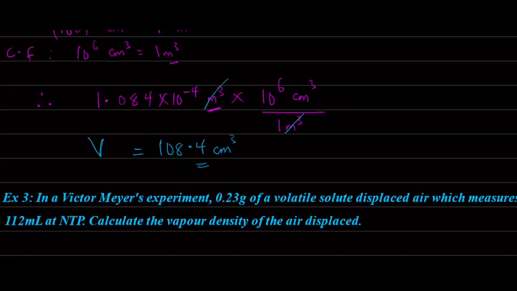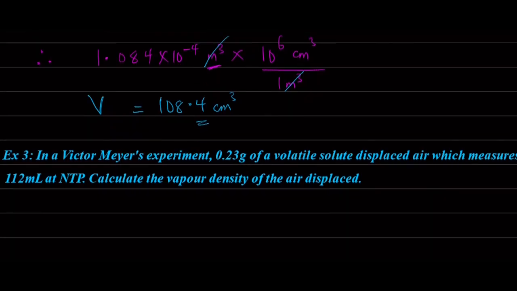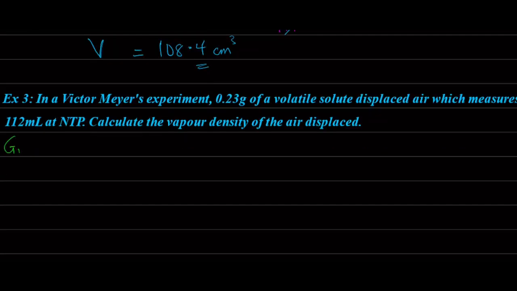So let's look at the last question here, which says in a Victor Meyer's experiment, 0.23 gram of a volatile solute displaces air which measures 112 milliliter at normal temperature and pressure, which is also the same thing as standard temperature and pressure. Calculate the vapor density of the air displaced. So let's analyze it by writing out our parameters.